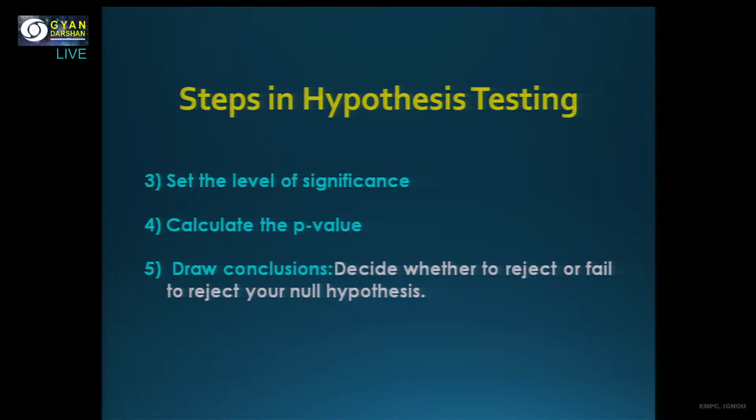So friends, I hope you understood the steps in hypothesis testing: we formulate the hypothesis, then the data collection stage, the level of significance, the p-value, then the conclusion which is based on the calculations which we have made. That is how hypothesis testing is done in a research work.